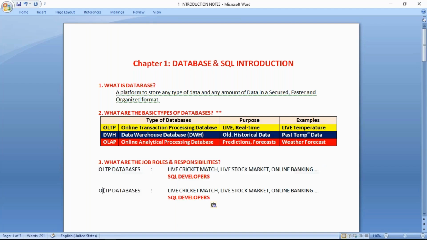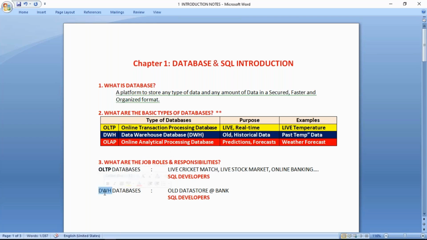Whereas we have data warehouse databases, for example, an old data store. Say, bank data: you log into your bank account and you would like to get the recent transactions. That is OLTP.